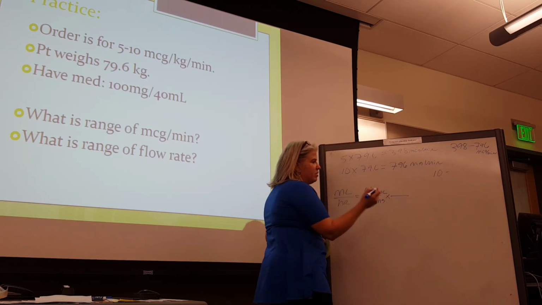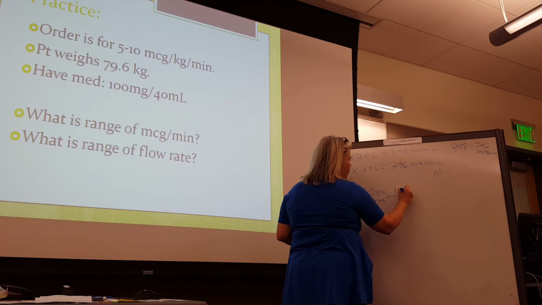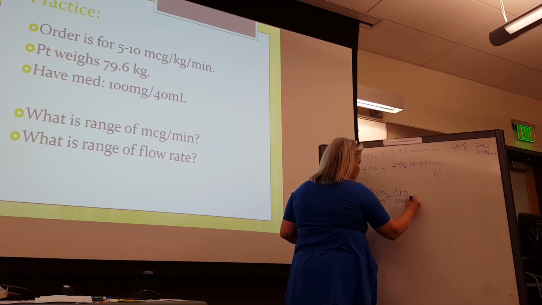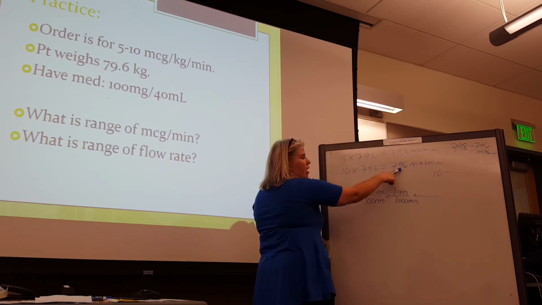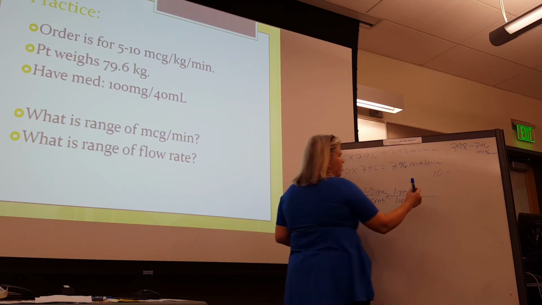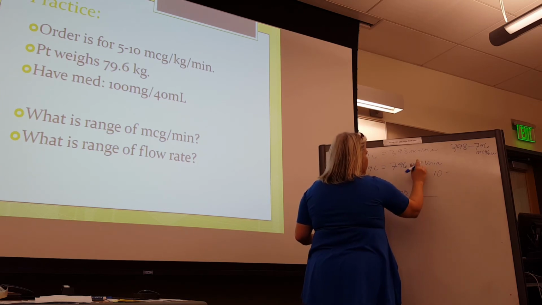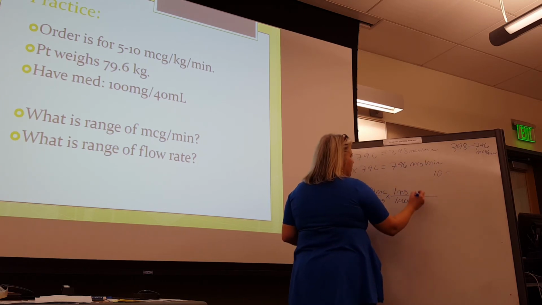And we still need to convert, so 1 milligram per 1,000 micrograms. But now we're going to plug in our high range, which is the 796 micrograms per minute.